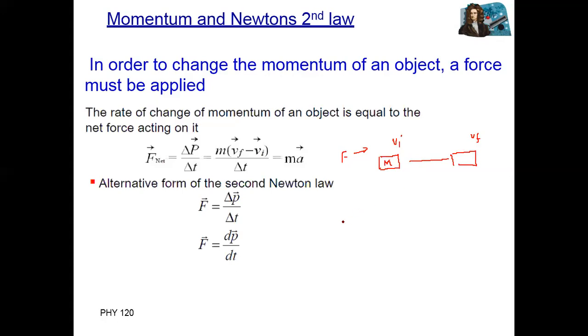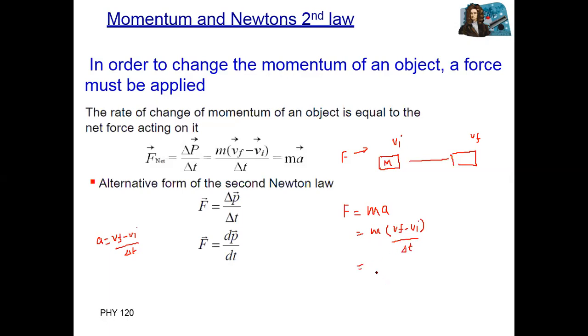So according to Newton's second law, F is equal to ma, where a is equal to (vf minus vi) divided by del T. So we can write this as m into (vf minus vi) divided by del T.